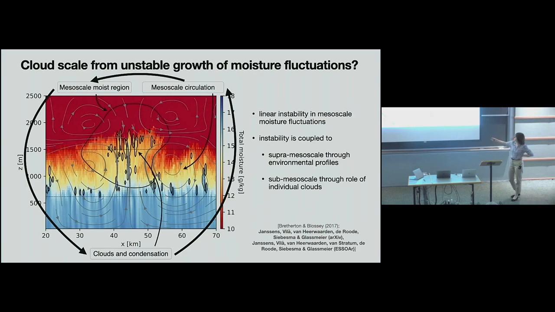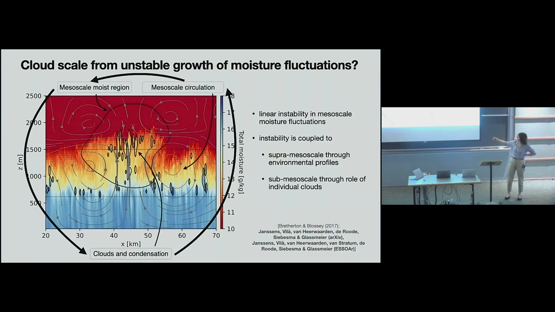Here we have a cross-section where these small black outlines are individual clouds, and the color scale shows you the total moisture. And what we can see along this big black outline is a mesoscale moist patch where we have more moisture than typically on average in the cloud field. And of course, if we have such a moist patch, then we will get preferentially clouds forming on it, right? Because clouds need moisture to form.